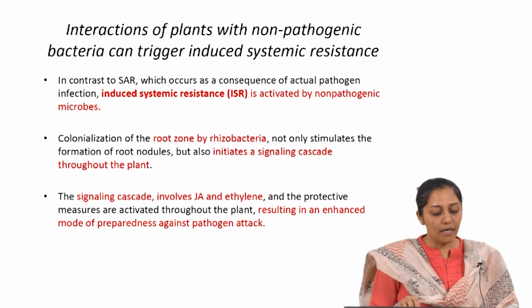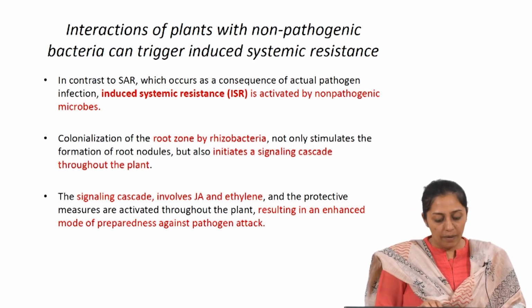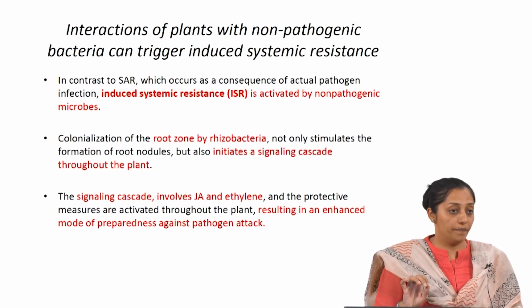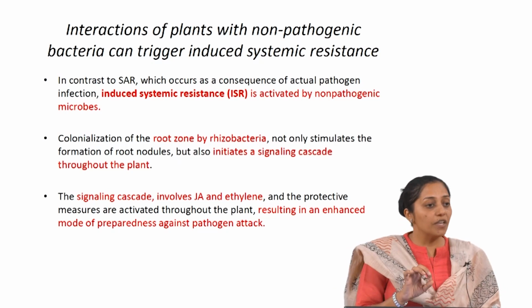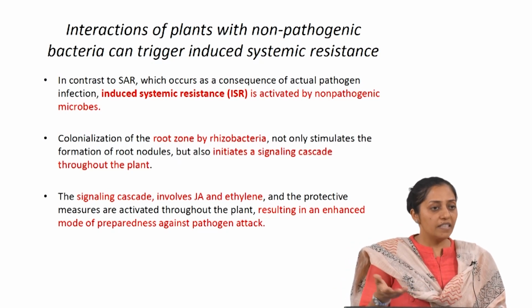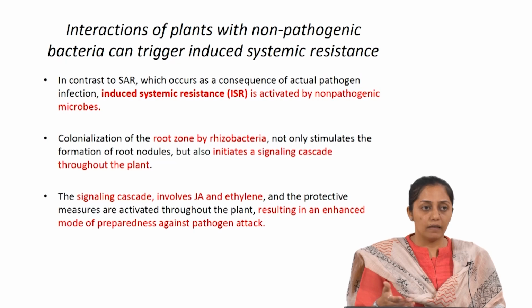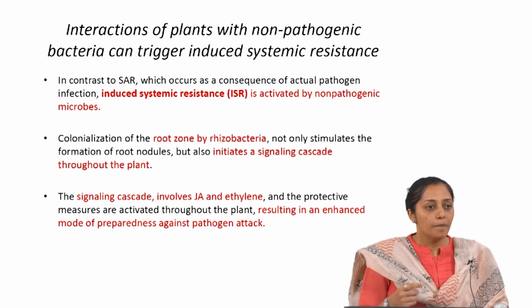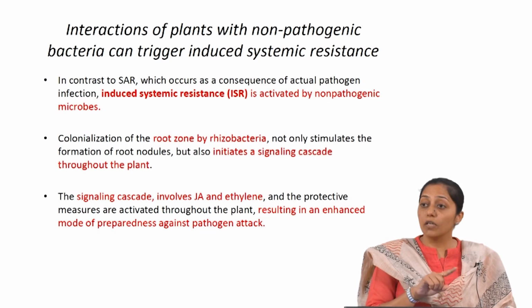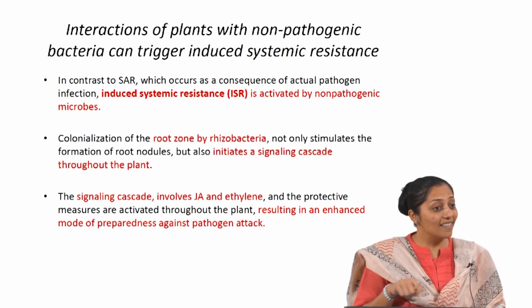So, for example, in the signaling cascade, jasmonic acid is involved or ethylene is involved. Now, salicylic acid is not involved. Ethylene is a growth hormone also, and plays a role in developmental stages of the plant. Jasmonic acid is another molecule which plays a role in the signal cascade.